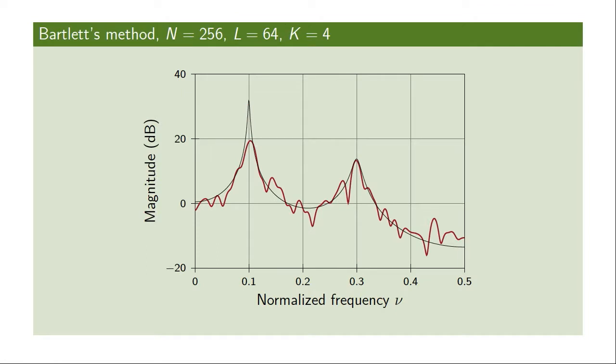We could improve upon the periodogram estimate by using other spectrum estimation methods, as we saw before. So for instance, Bartlett's method, where we divided the entire set of data into several blocks and averaged over those. One of the problems with that was that while it reduced the variance, it also smoothed the spectrum, giving us less resolution than the periodogram.